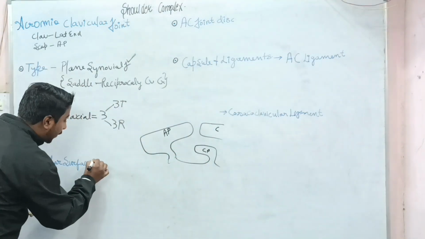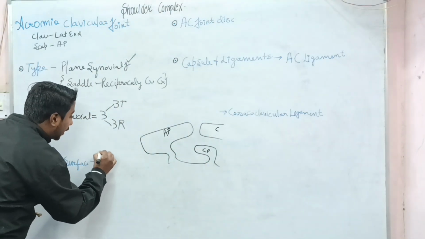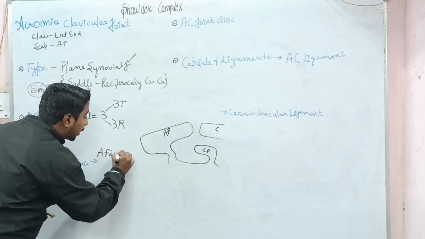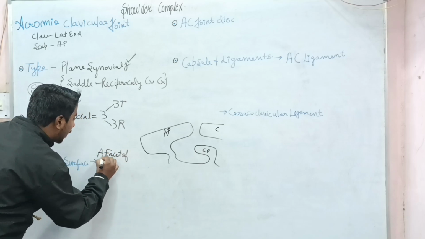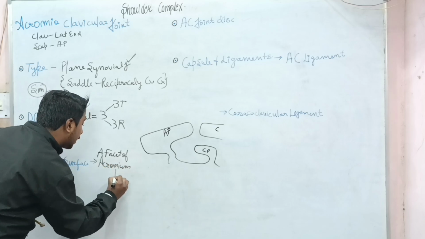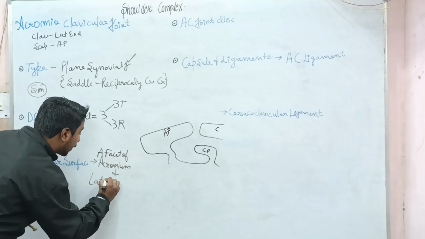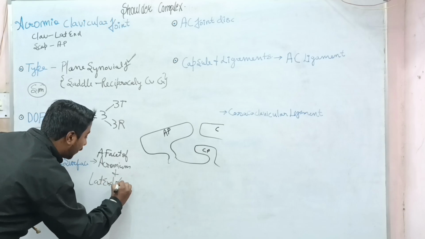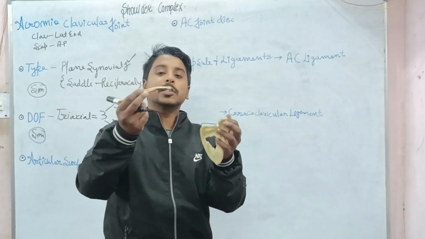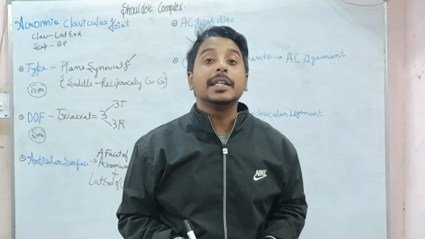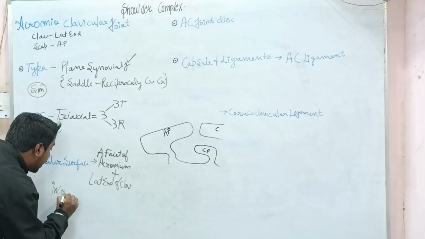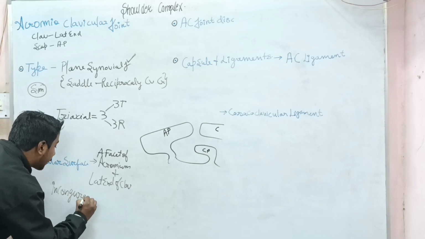So the articular surfaces are the articular facet of the acromion and the lateral end of the clavicle. From visualization also you can see that it is a very incongruent type of joint.